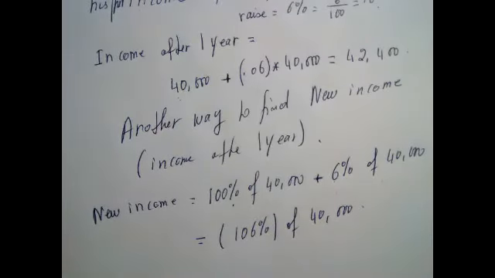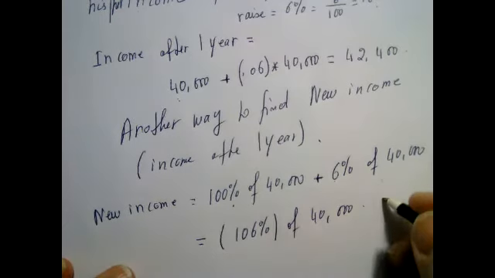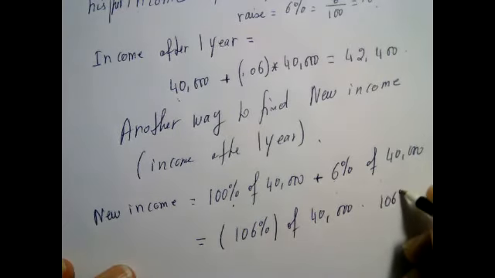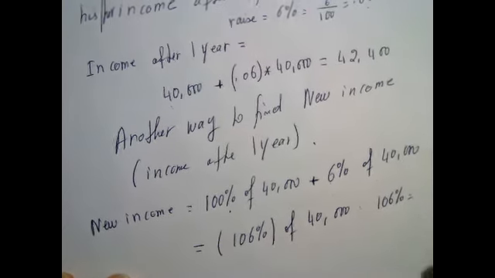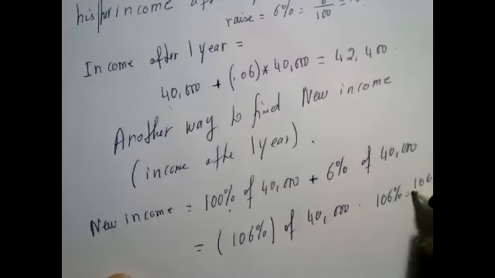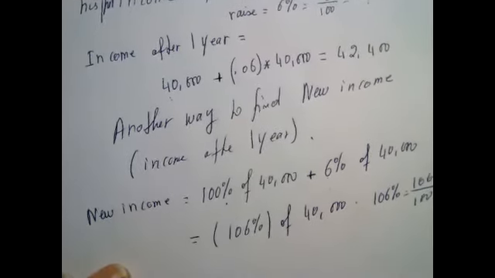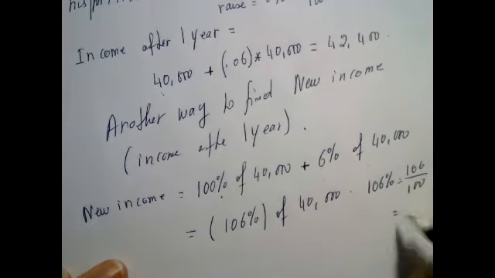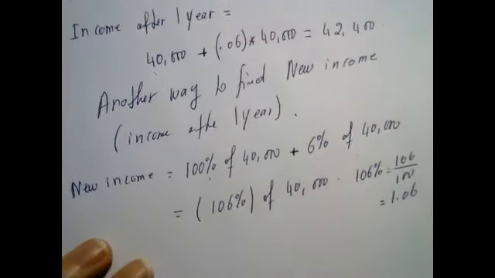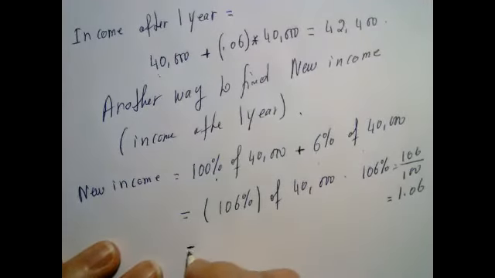Where is the 106% coming from? It's the 100% plus the 6%. So what's 106%? It's 106 divided by 100. It means 1.06. All right, so his new income is going to be 106% of that.